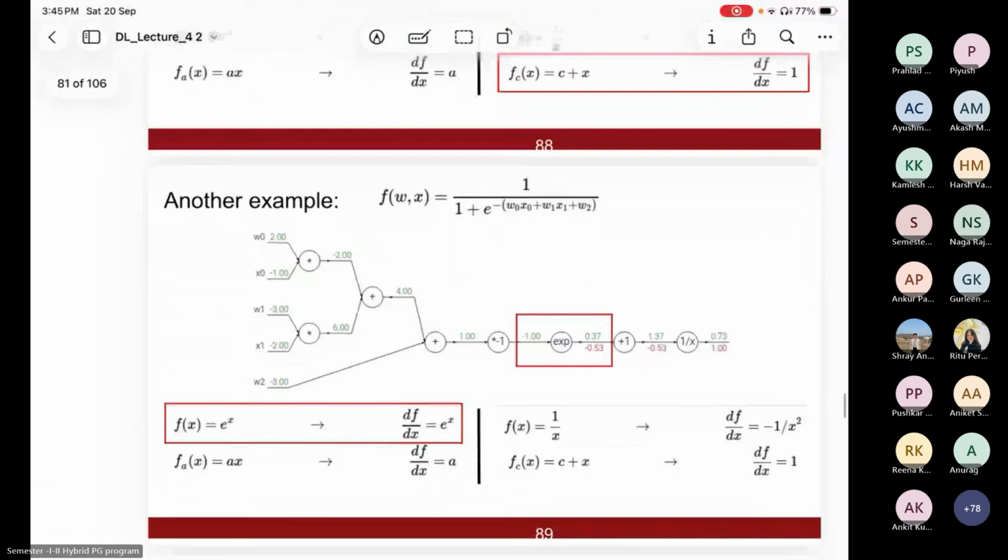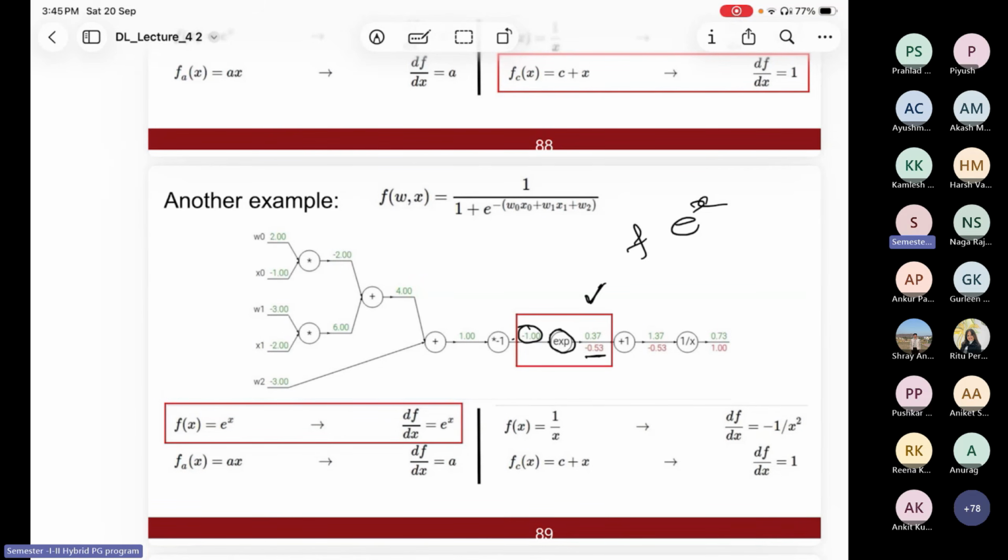Okay. Now I'm here. At this point, I have 0.53. That is the upstream gradient, which is coming from the right hand side. And then we have the local function, that is e. Suppose this is x. So I'm just applying e to power x. And you know what is the gradient of e to power x.